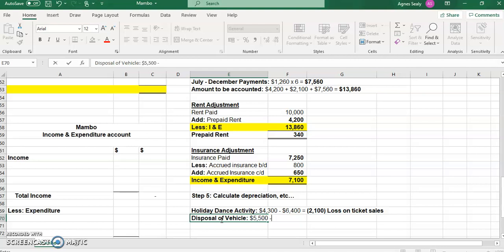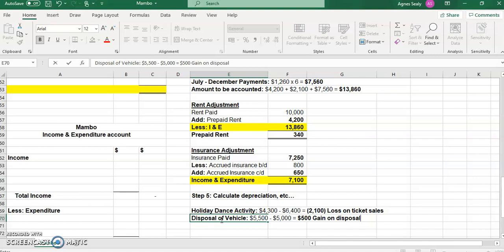So the $5,500 that they received minus the $5,000 that the vehicle was worth would give us a gain on the sale of the vehicle of $500. So you have a gain on disposal or a profit on disposal of your vehicle.